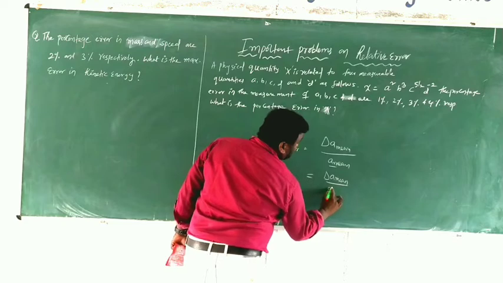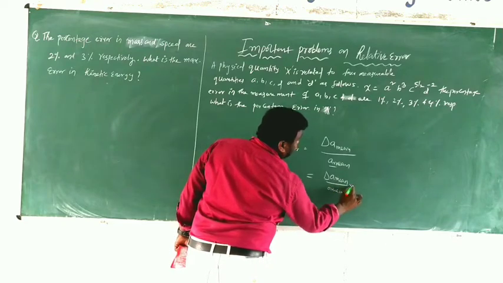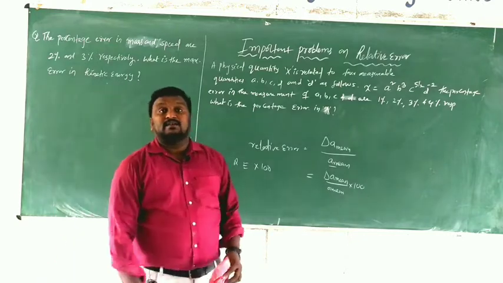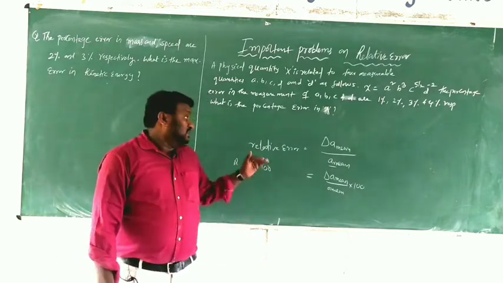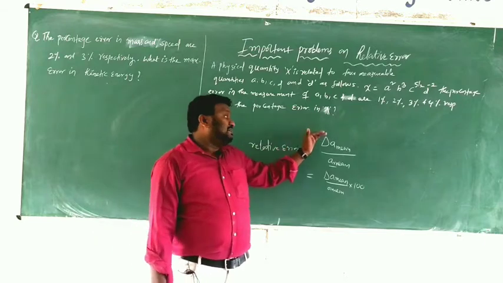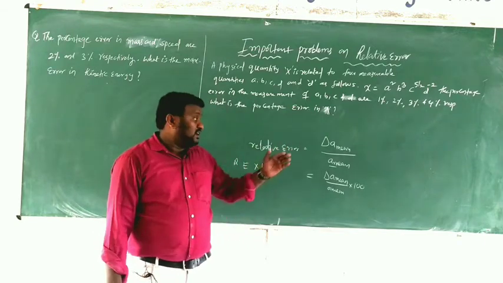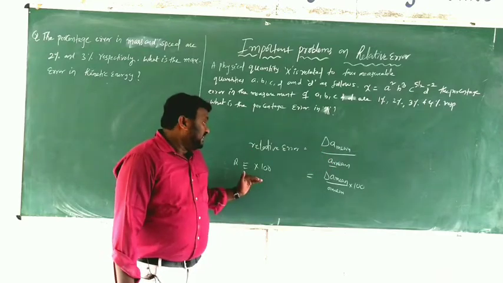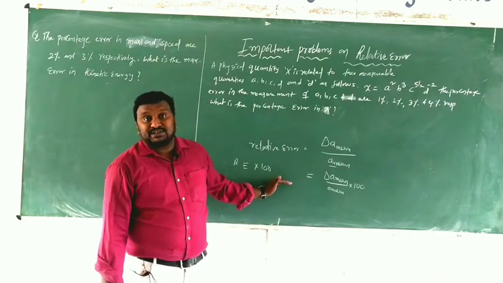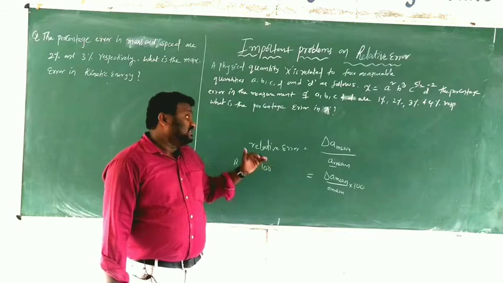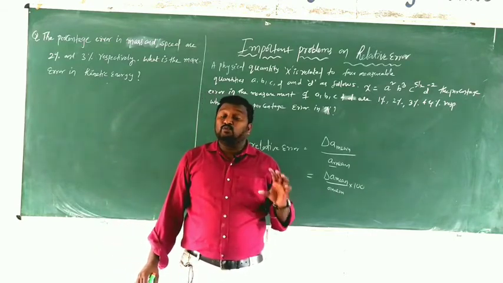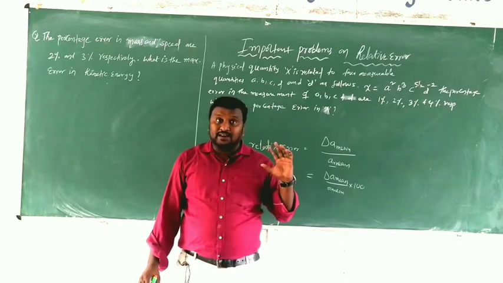These two formulas we are going to use in these problems. Clear? Relative error is equal to delta A mean by A mean, the ratio of mean absolute error to the true value, and percentage of error is the relative error multiplied by 100.